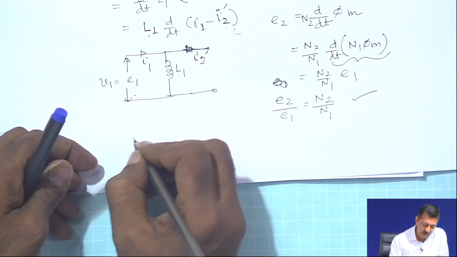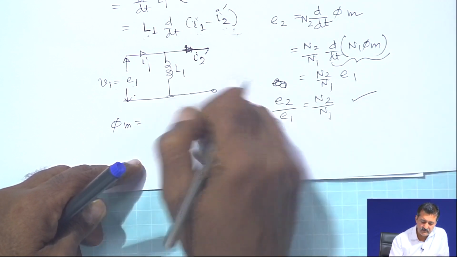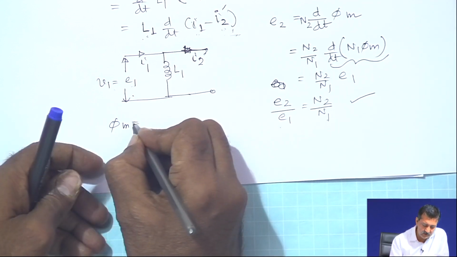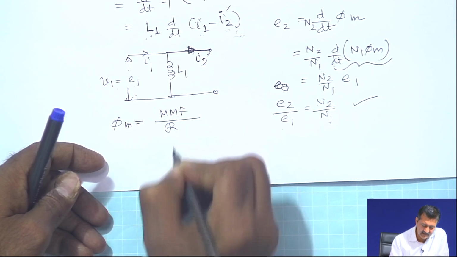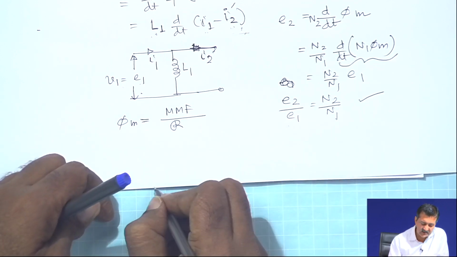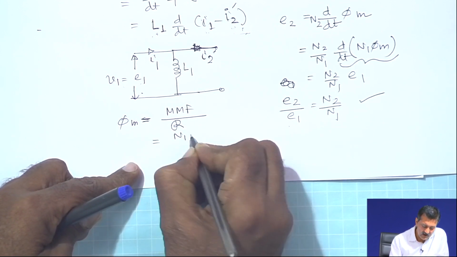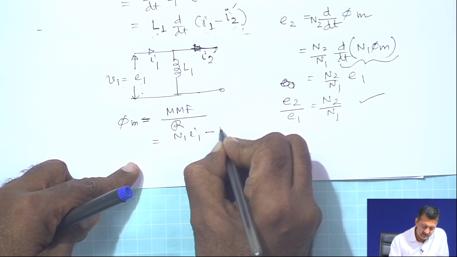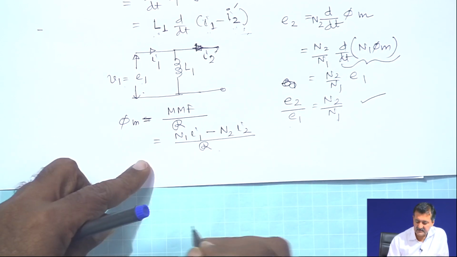Now, think this way: what is phi m in general in a magnetic circuit? Phi m would be MMF by reluctance. This is the basic equation of a magnetic circuit, and what is the MMF here? N 1 I 1 minus N 2 I 2, by reluctance.